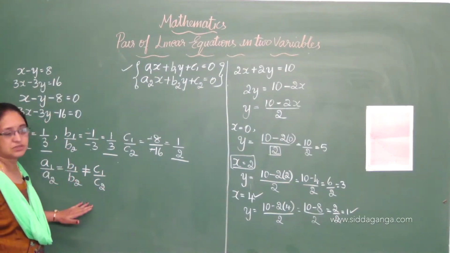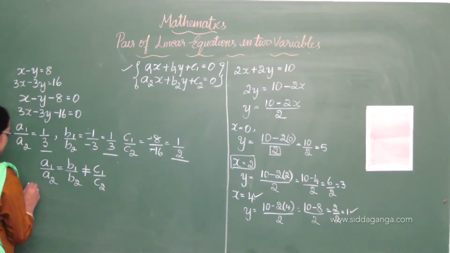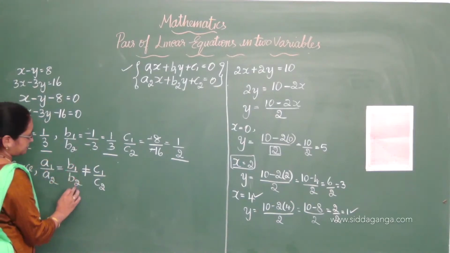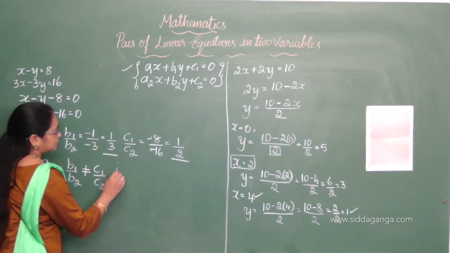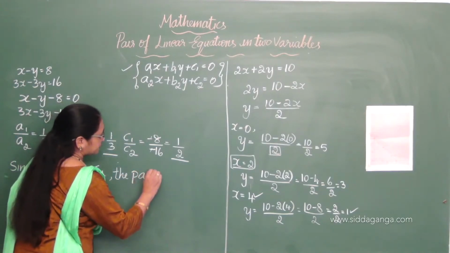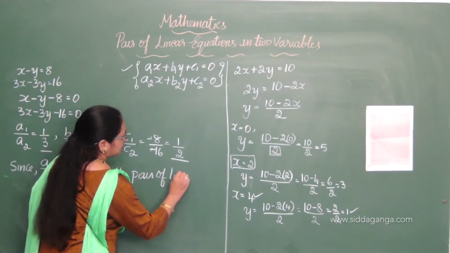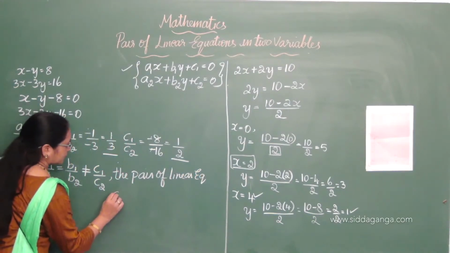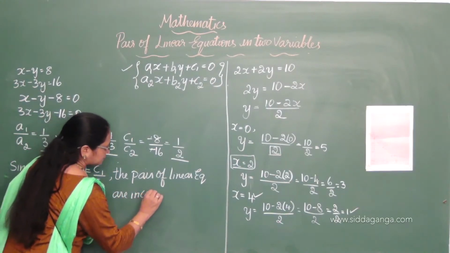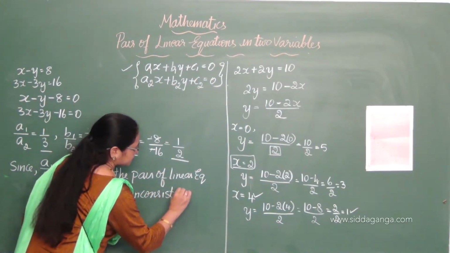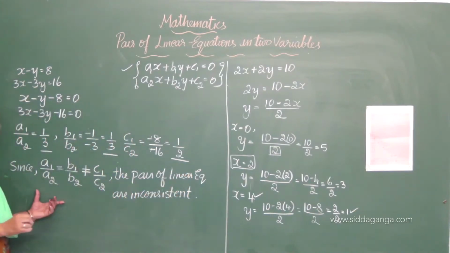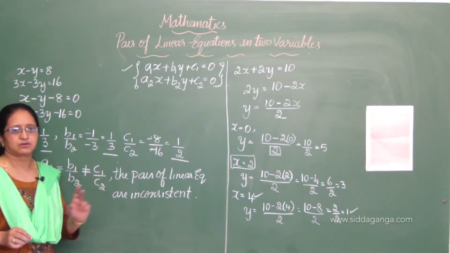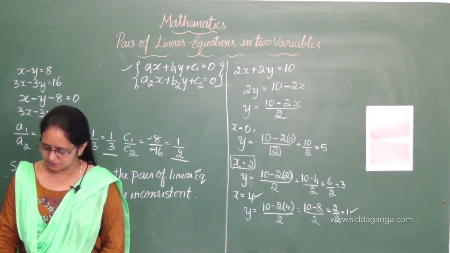So you can write: since a1 by a2 is equal to b1 by b2 is not equal to c1 by c2, the pair of linear equations is inconsistent. The conclusion is very important, so you have to write that it is inconsistent. Is it clear? Now we will move on to the third question.